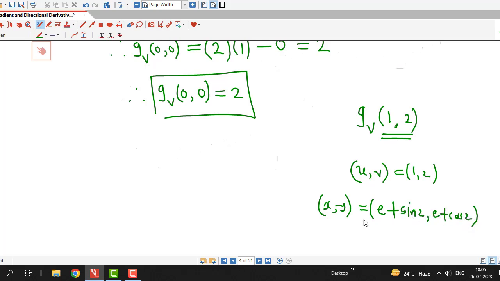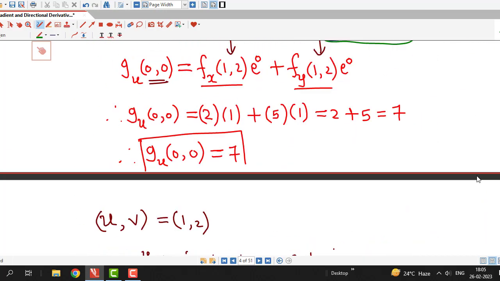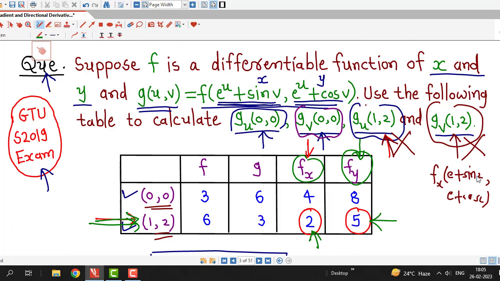So we will require partial derivatives of f with respect to x and y at this point, but these are not given in the table, so we are not able to decide these two values, del z by del u at point 1, 2 and del z by del v at point 1, 2.